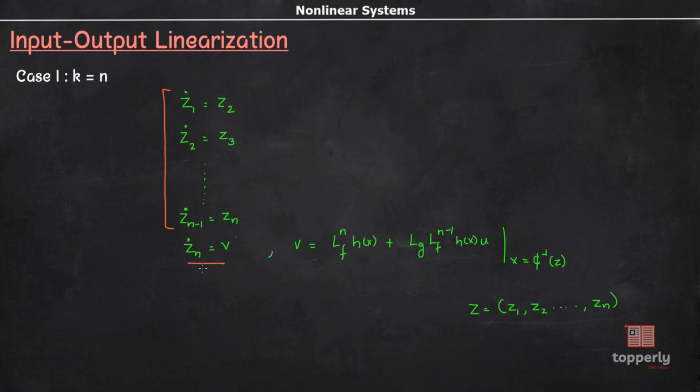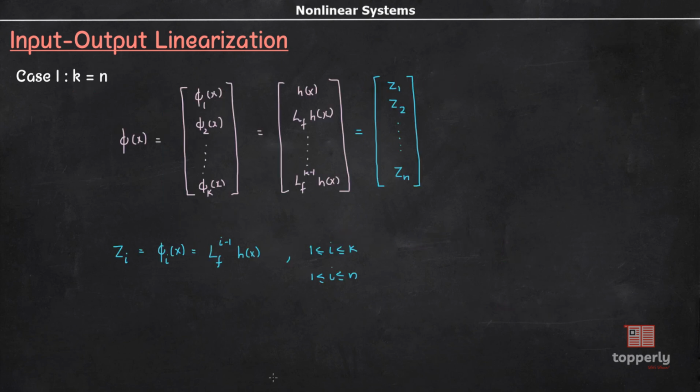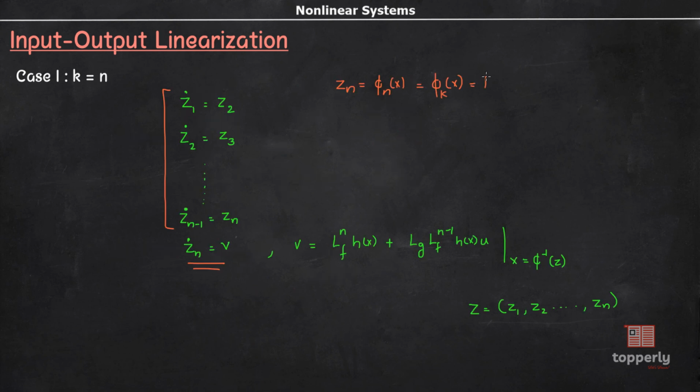And in case you have doubt about the last equation, by our definition we have zn is equal to phi n of x, and since k is equal to n, we can write this as phi k of x. And what was phi k of x? It is equal to Lf^(k-1) h of x.